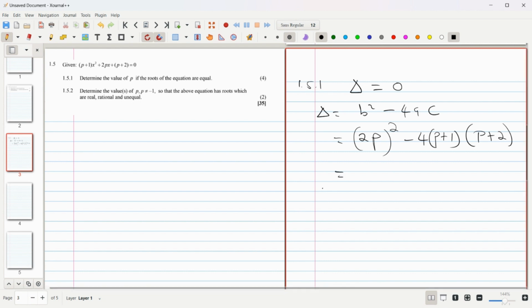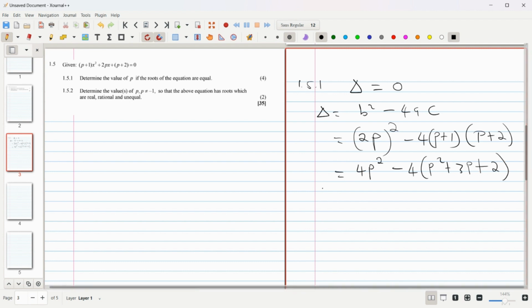So let's solve. 2p squared, we know, is 4p squared minus 4. Let's multiply the ones in brackets first according to BODMAS. So p times p is p squared, and then we have plus 2p plus 1p, which is 3p, plus 2.